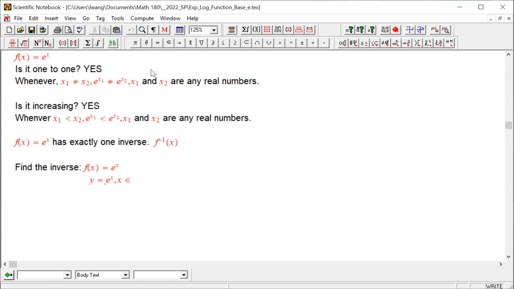X has a domain, which is all real numbers, from negative infinity to positive infinity. Remember, when we swap, domain and range will also swap. So domain, range. So step one, swap.